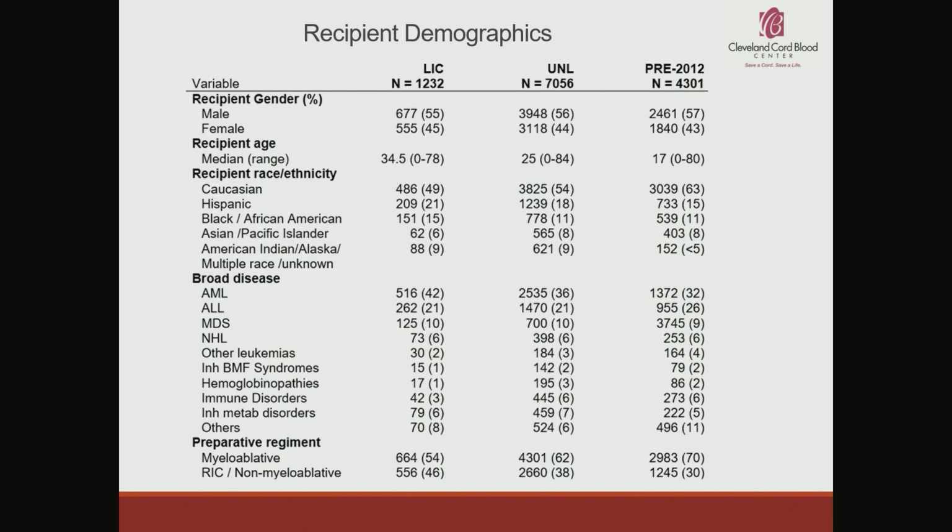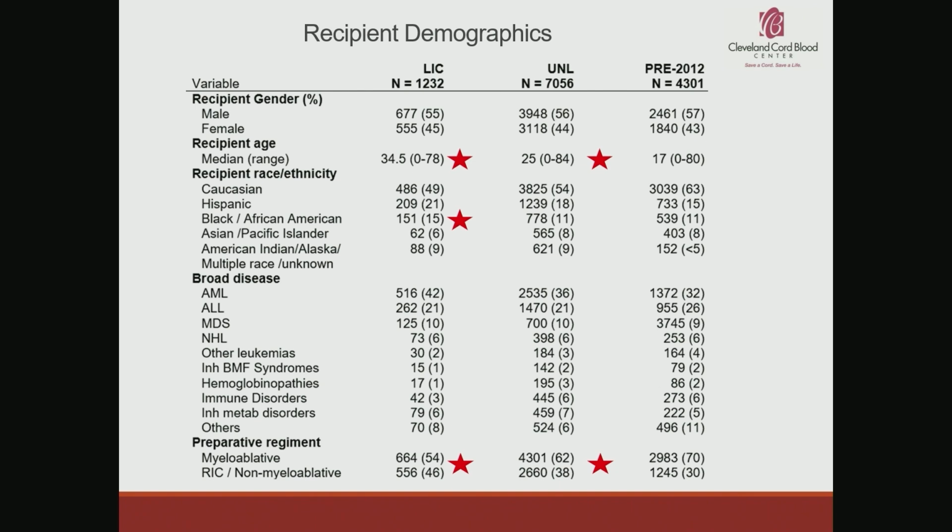As for the demographics of the recipients that receive these products, there are differences in the average age. Prior to 2012, prior to licensure, it was mainly younger pediatrics. Then you see an upward trend towards older recipients in licensed units. Again, there is a slightly higher representation of African American units.